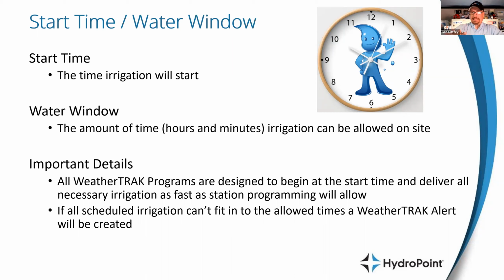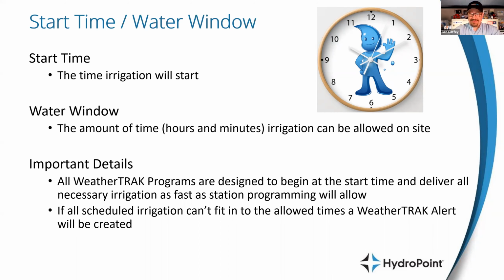Let's say 5 plus 11, 16-hour water window, right? Saying it's the 16 hours following my start time are allowed for irrigation. But if it gets to 11 a.m. the next morning, irrigation absolutely has to stop. It cannot run. And so again, if we can get through all of the irrigation, WeatherTRAK will do that.